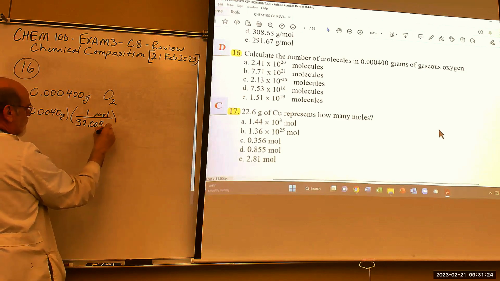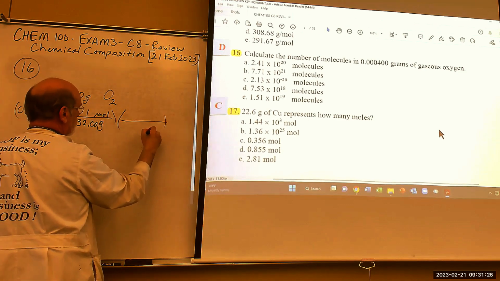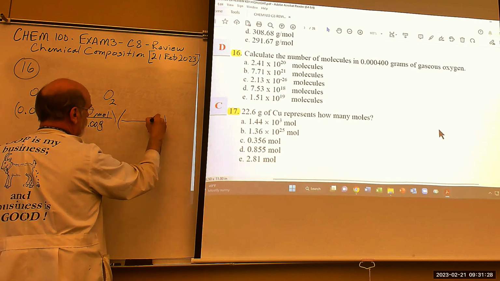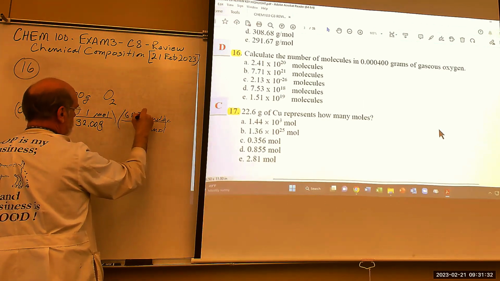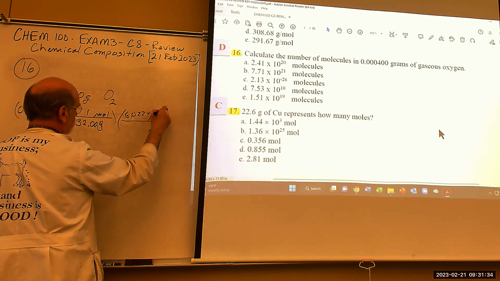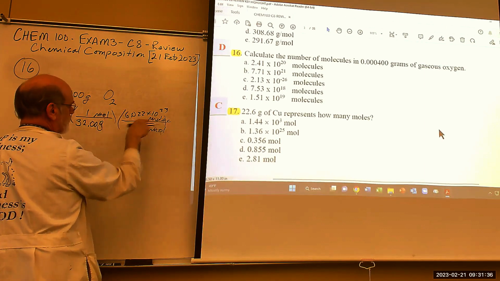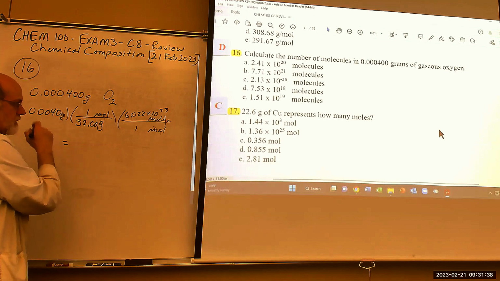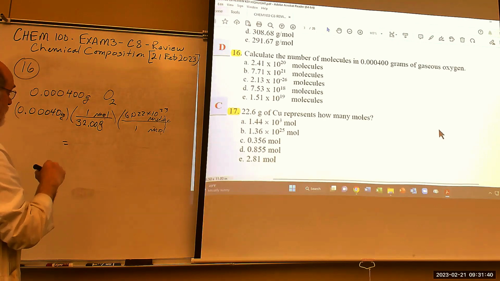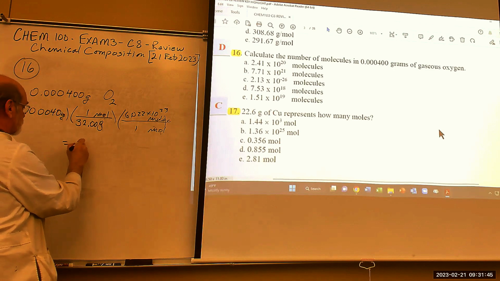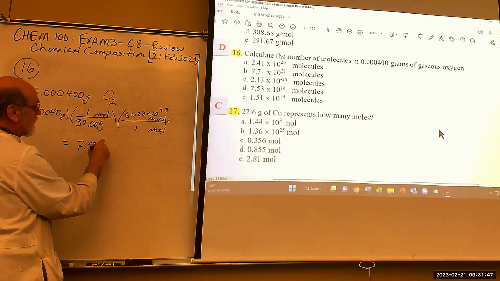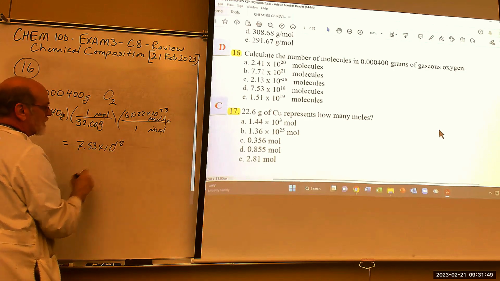Right, so grams cancel. Now we can convert moles to molecules. Moles cancel, these are some molecules. And that answer should be 7.53 times 10 to the 18th.